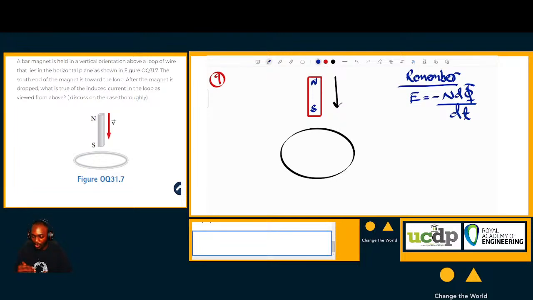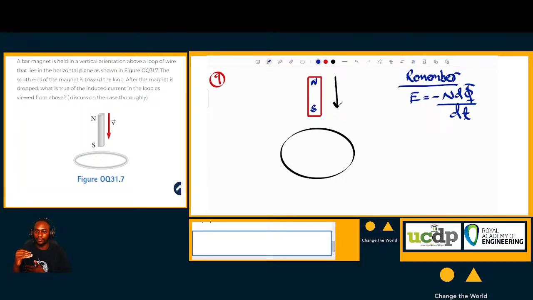So the magnetic flux initially, because the magnet was further away, the flux in the loop was less. But as the magnet comes towards the circular loop, the magnetic flux in the loop is going to increase because the magnet has come closer to the circular loop.